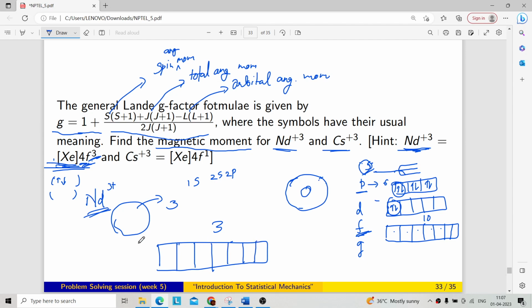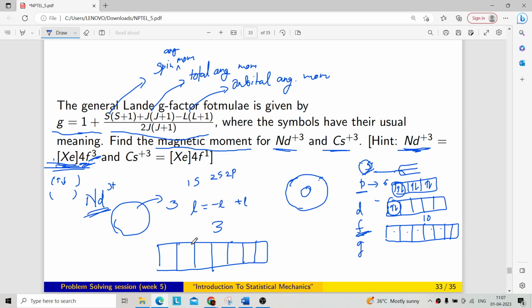Each orbital has some specific orbital angular momentum. There are 7 suborbitals, so the angular momentum will go from minus l to plus l.